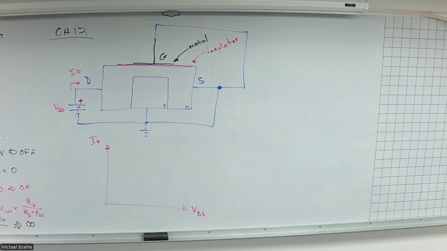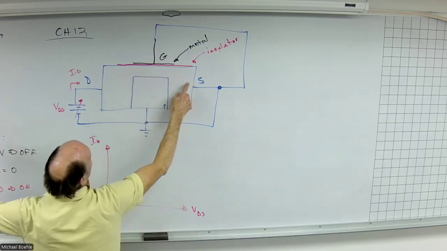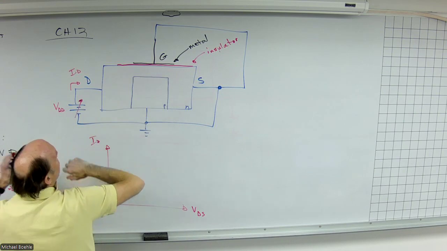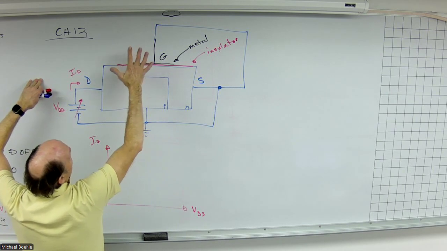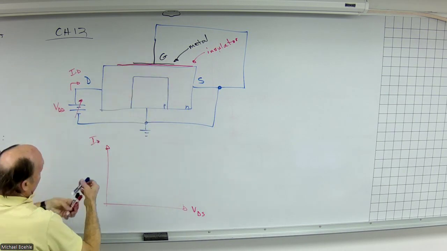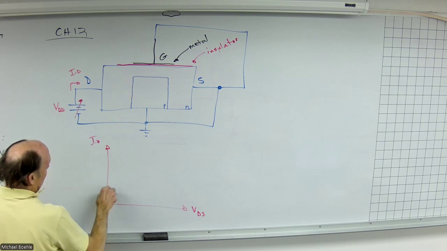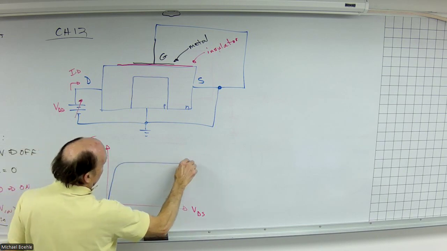Very similarly to my JFET, as I increase that drain to source voltage, we end up pinching off the channel. So we do have a channel for current flow here, right? The electrons can move. And as the voltage gets higher relative to the ground, I end up pinching off the channel, and I create a very similar curve.